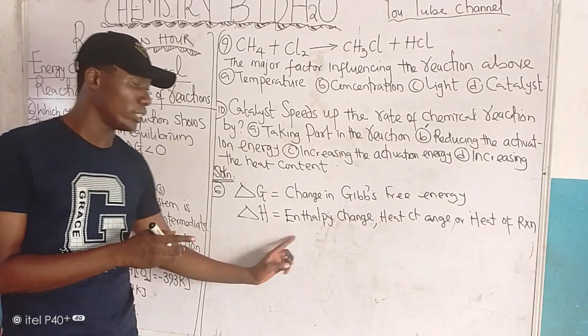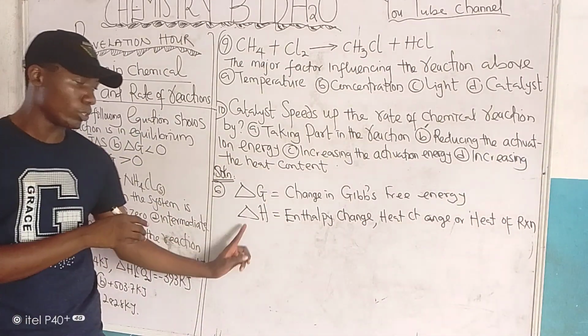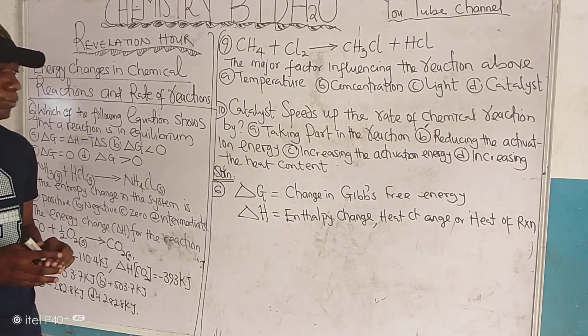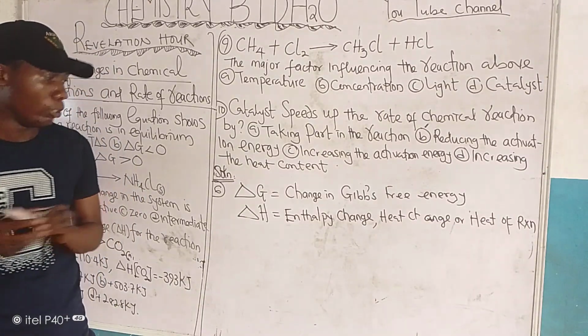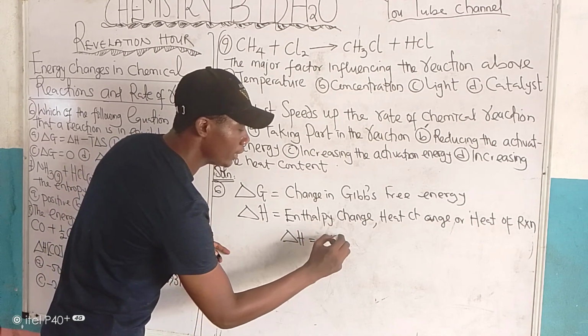So wherever you see this in your exam, know that they are referring to one particular thing, which is delta H. Now remember, they have told you before that if your enthalpy change happens to be negative, the reaction is said to be what?